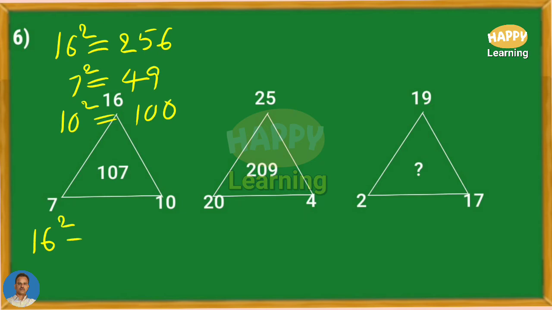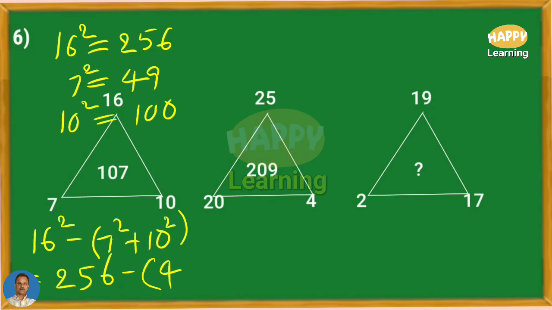Then 16 square minus 7 square plus 10 square is equal to 256 minus 49 plus 100. That is equal to 107. So this is satisfying the first diagram. Let us think of the second diagram.